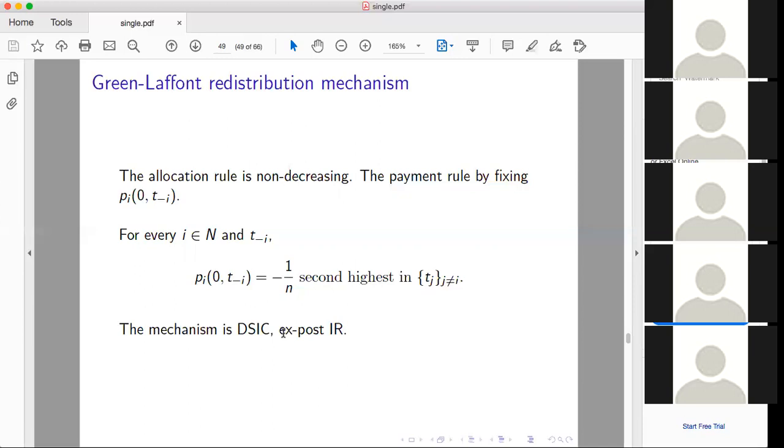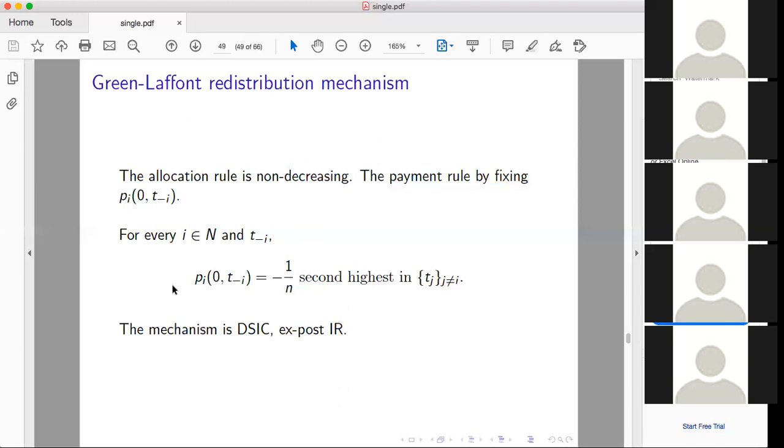When you're not the residual claimant and you're not winning, you pay 0. But when you're winning and you are not the residual claimant, you pay an amount equal to t2. That happens with certain probabilities, and all this is captured in this pi 0 expression. Let me go over this calculation and we'll see how it all adds up.